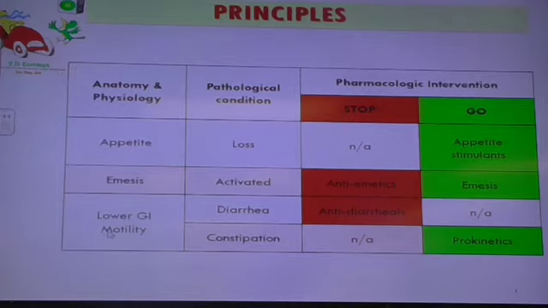And for the lower GI motility, we're going to do two parts together. For the treatment of diarrhea, we're going to stop the movement, right? And for the ones with constipation, we're going to increase the movement of the smooth muscle of the GI tract by using prokinetics. This is the list of the drugs for stop and go. The red is stop and the green is go.